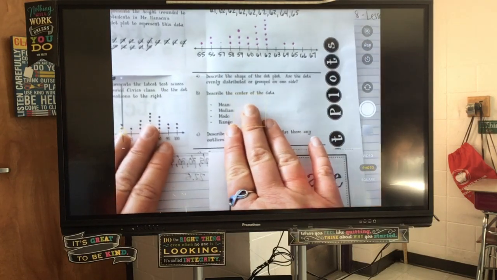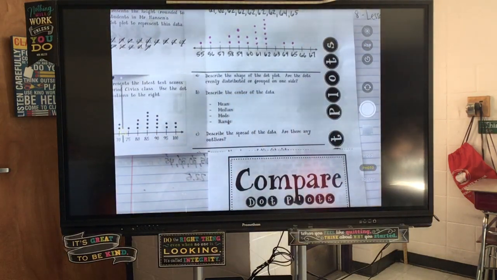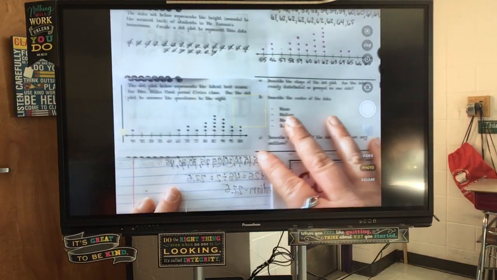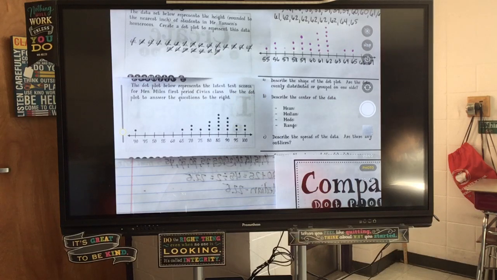And we're gonna use this data to answer these questions. The first one says, describe the shape of the dot plot. Are the dots evenly distributed or grouped on one side? Looking at our data, stand up if you feel like they're evenly distributed. Nobody?